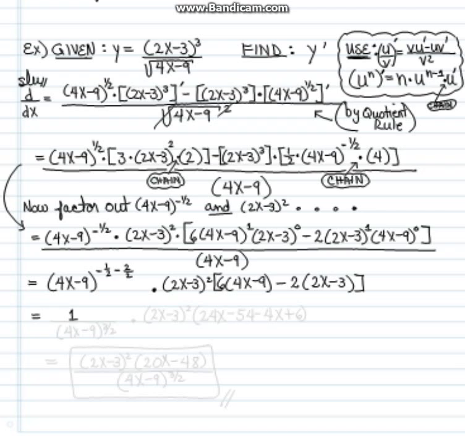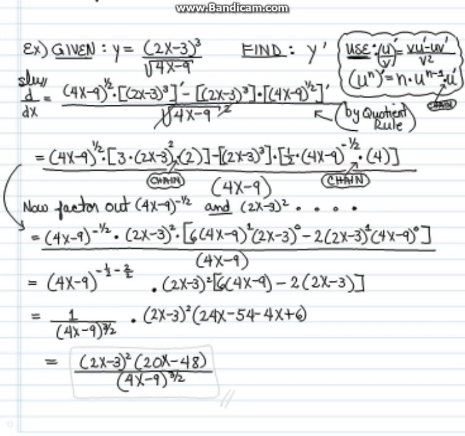Okay, simplifying the first factor, we get 1 over 4x minus 9 to the positive 3/2 power times 2x minus 3 squared times 24x minus 54 minus 4x plus 6 when we distribute the multiplication. And cleaning up that last parenthesis, we get 2x minus 3 squared times 20x minus 48 over 4x minus 9 to the 3/2 power.